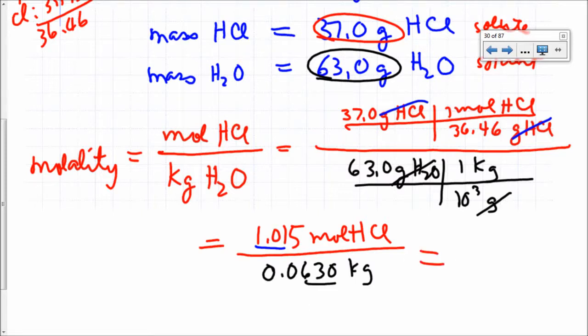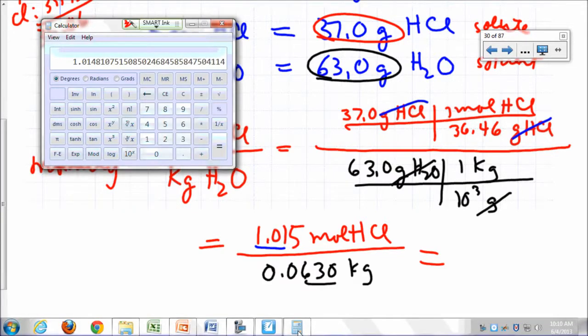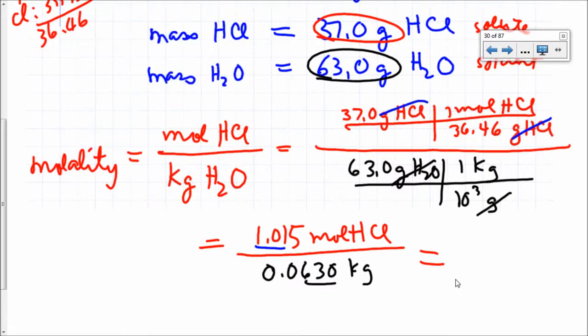So this is equal to 1.015 divided by 0.063, 16.1 moles per kilogram. So the molality is 16.1.